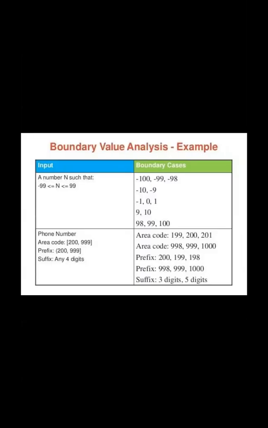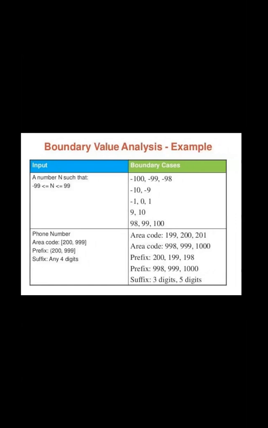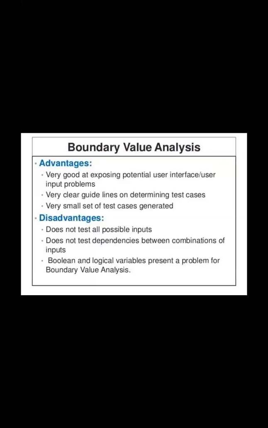In the same way, for validating the phone number, we take the area code first, which is 3 digits, then the prefix for the mobile number, and the suffix of 3 to 5 digits. Based on the constraints, we check the boundary values.